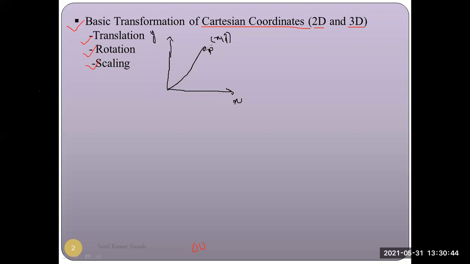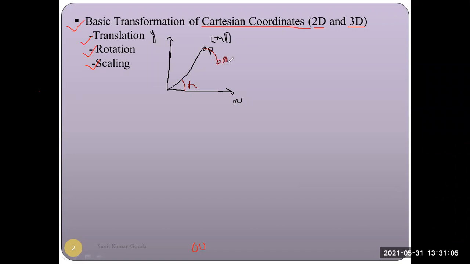Now suppose I want to rotate. Suppose this is making an angle of alpha with the x-axis. I want to rotate this point P to some angle.